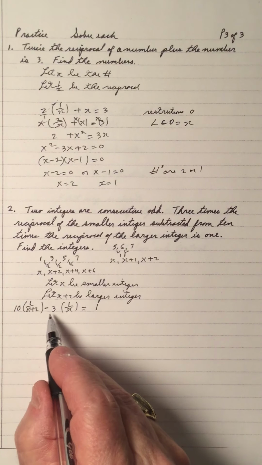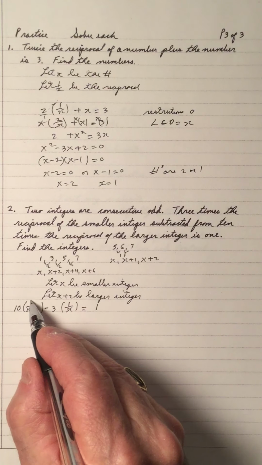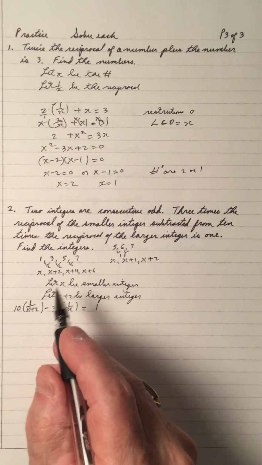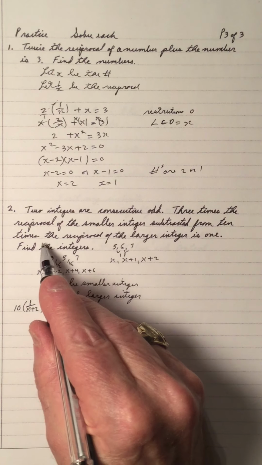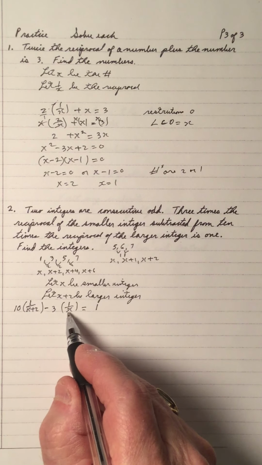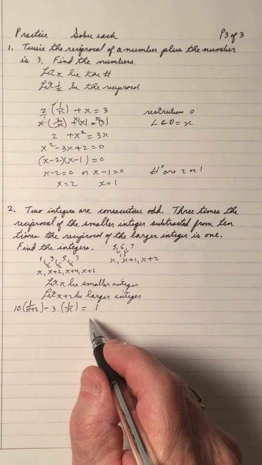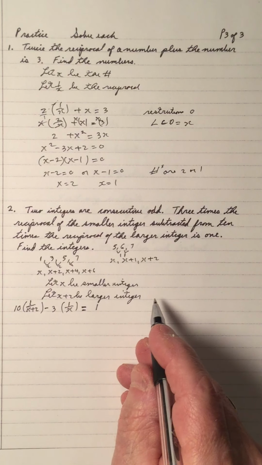So notice it's not 3 times 1 over x subtract 10 times 1 over x plus 2. Subtracted from means you got to reverse it. So the 10 times the reciprocal is put in front, and the 3 times the reciprocal is put after. Note the pattern. Subtracted from reverses the order.